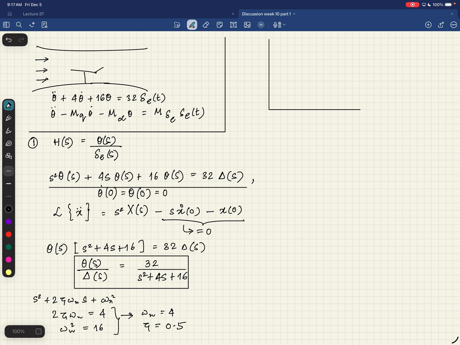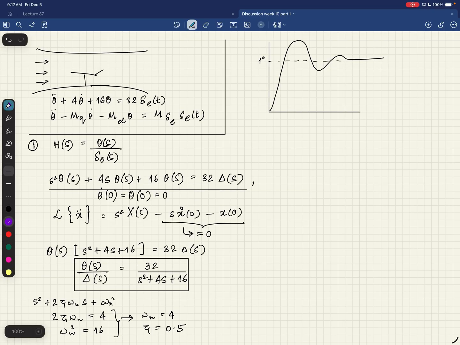So let's say I give it a step input, let's say 1 degree of delta E. What happens to theta? It would go up something like this. Why? Because it's underdamped. If it were critically damped, you would have seen this. If it were overdamped, you would have seen this.